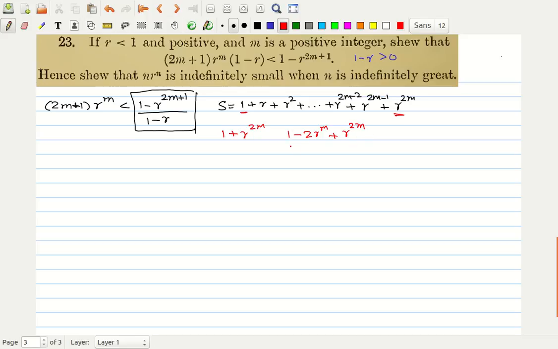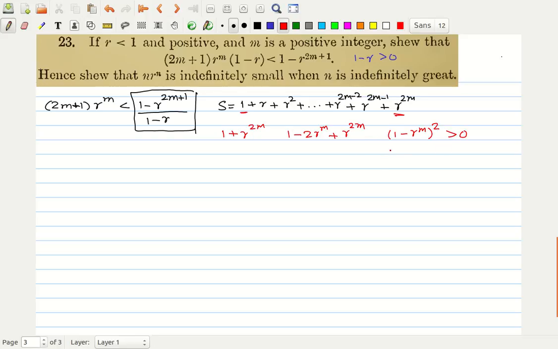Now if you look at this expression, this expression can be written as 1 minus r to the power m square, right? And we know that anything which is square is always greater than 0.